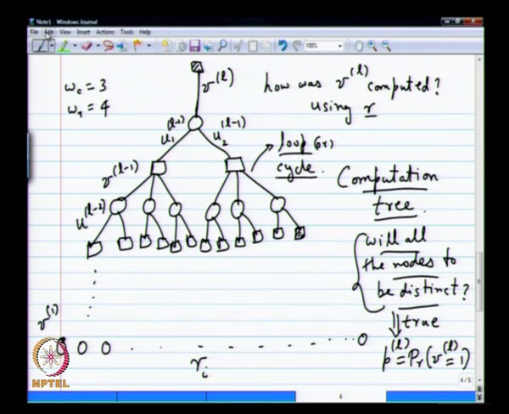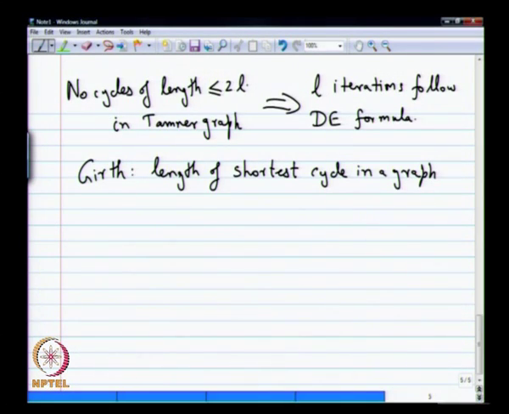Because this depth is what? 2l minus 1. Yeah, so it has to be 2l minus 1. So you should not have 2l minus 2. Is that correct, or is it 2l plus 2? Let me think about this carefully.